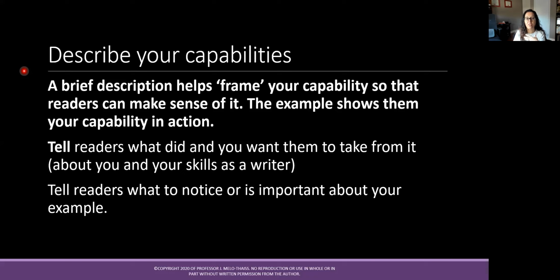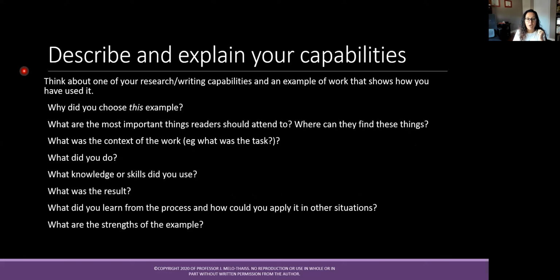They're focused on the person who's writing the resume, which is not what you want to get across, that you're focusing on yourself rather than the needs of the prospective employer. So when we're thinking about describing your capabilities, when you're giving the little context blurb for each of the artifacts, these are the things that you're going to want to answer in your little blurb, right?